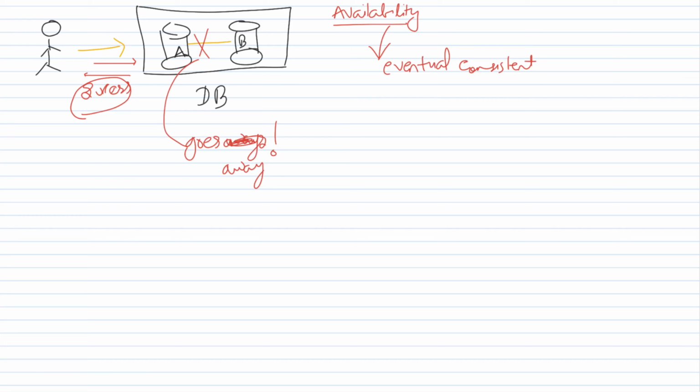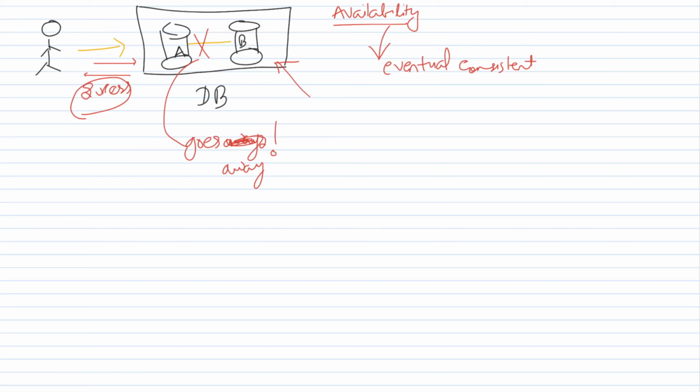If we are working with a system that needs up-to-date data, we need to prioritize consistency. And if it's fine to have data out of sync across various nodes, but we need our system to be really available, then we can go with any of the databases that support availability over consistency, right?